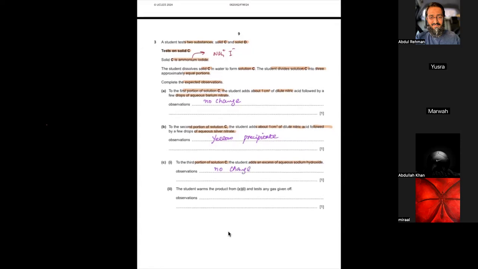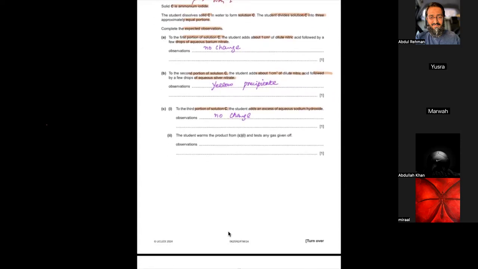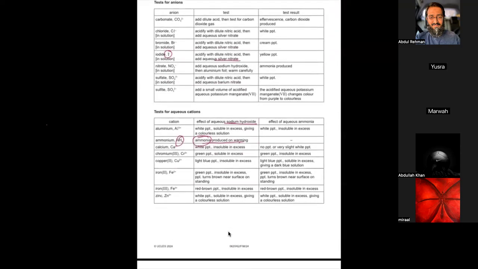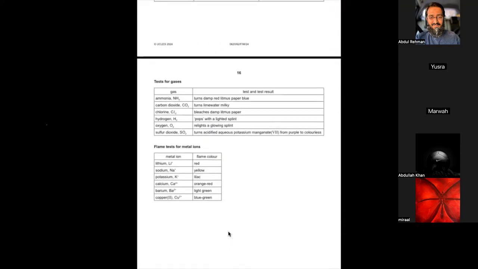The student warms the product from C1 and tests any gas. So, okay, on warming, gas forms. Now you are going to write the test for the gas. They have mentioned that ammonia is being formed. So what is the test for ammonia? That it turns damp red litmus paper blue.